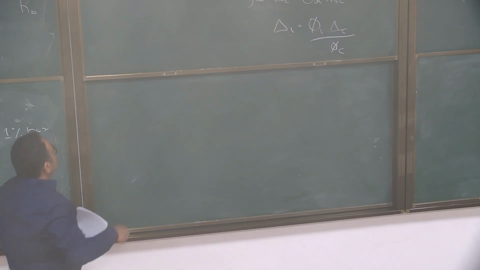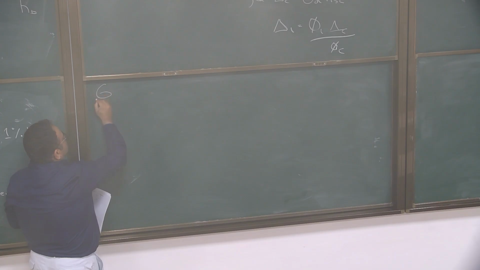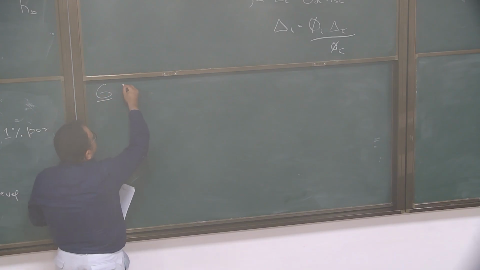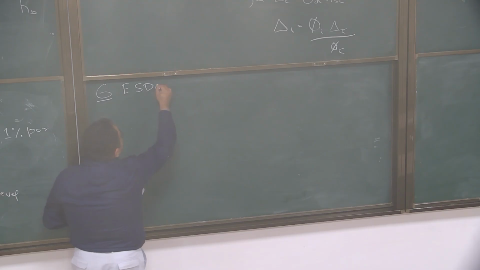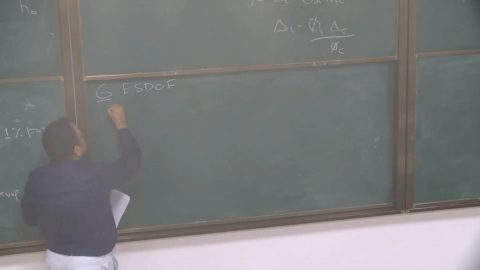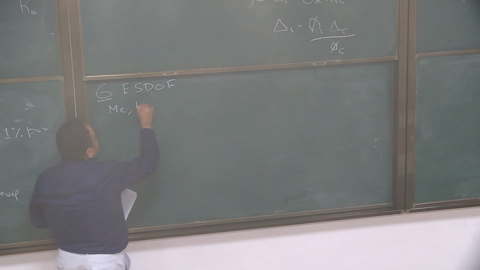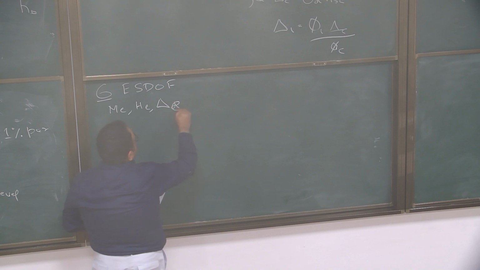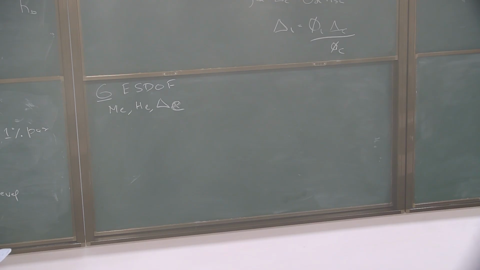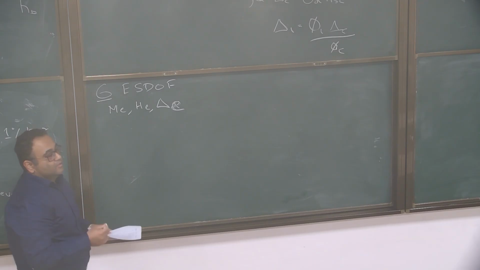I won't write out the formulas because you know them already. You calculate your SDOF properties. By now you know the formulas for this. And then you'll have a displacement spectra generated. If you do not have one, generate a displacement spectra.